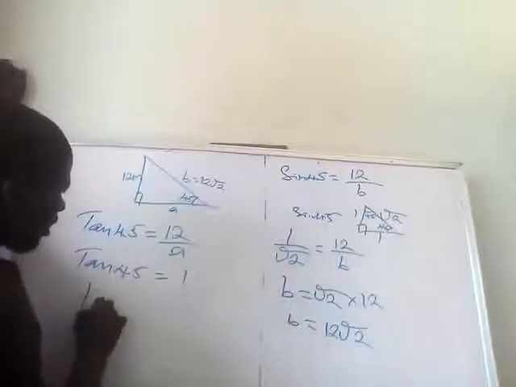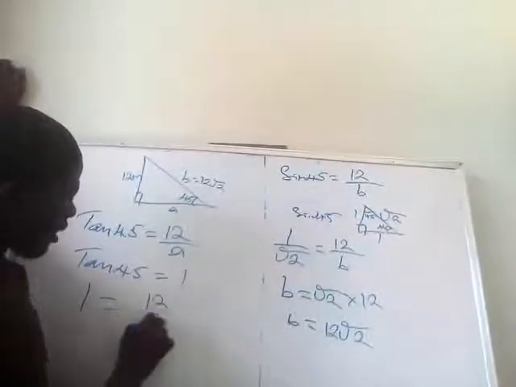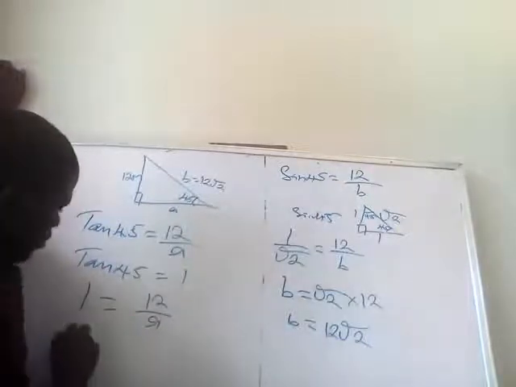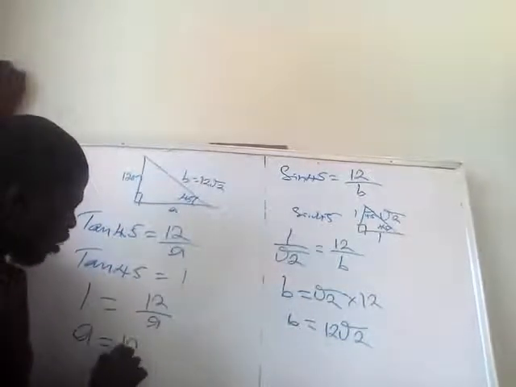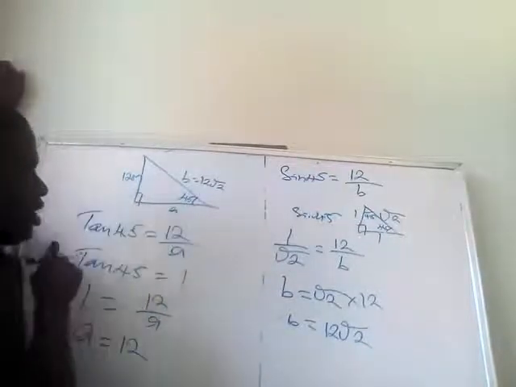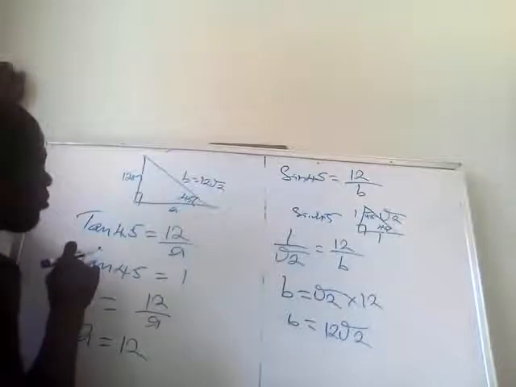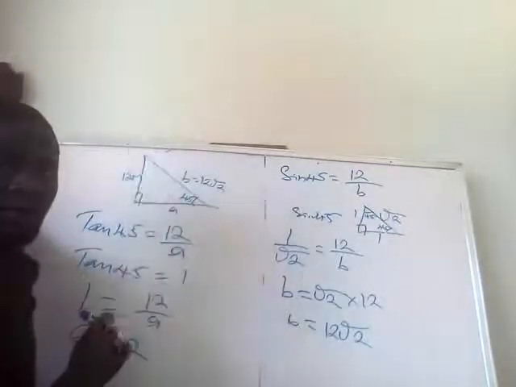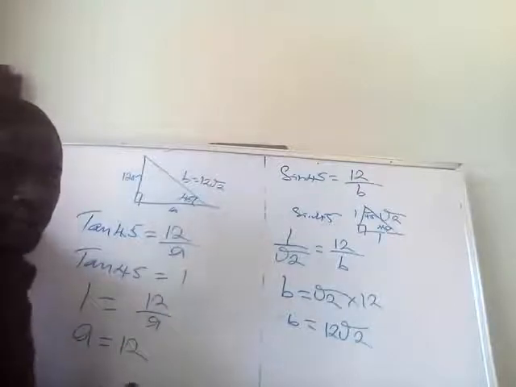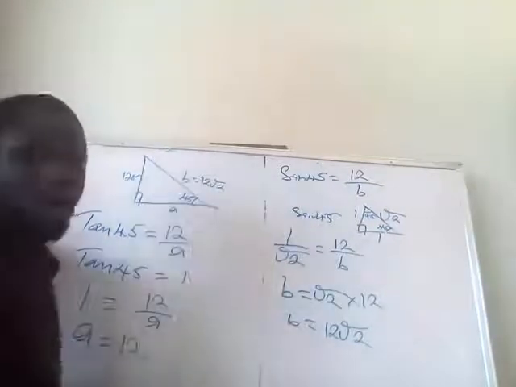So 1 is equal to 12 over A. When you cross multiply, you have A equal to 12. So this and this are equal. That's an isosceles triangle. The two angles must be equal and the two sides must be equal. So that's what we have seen now.